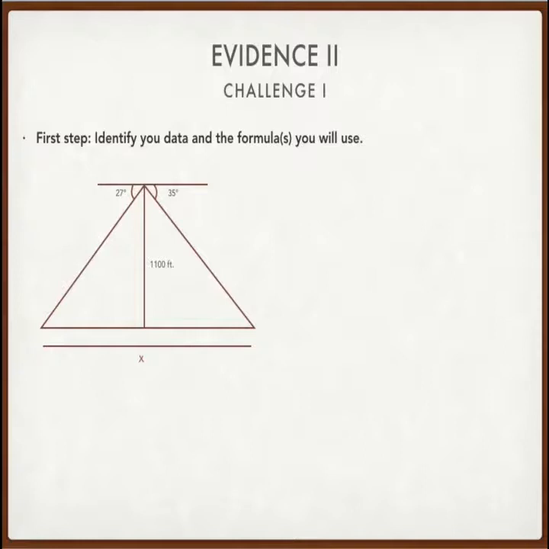The first step we have to do is to identify the data and the formulas we will use. First of all, as you can see on the graphic I made, the altitude is 1100, and the depression angle is 35 degrees on the right side.